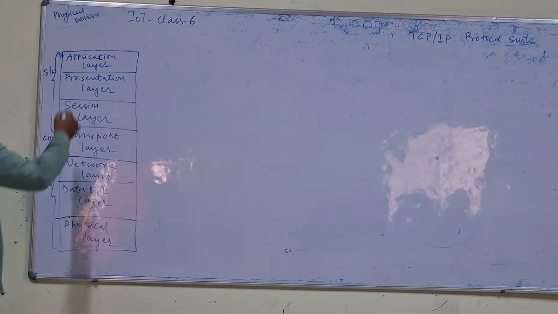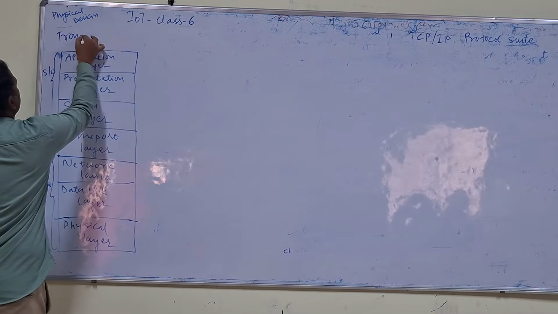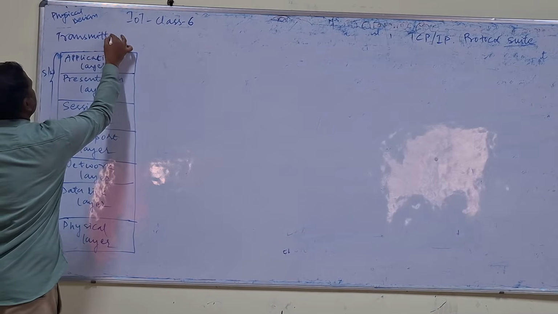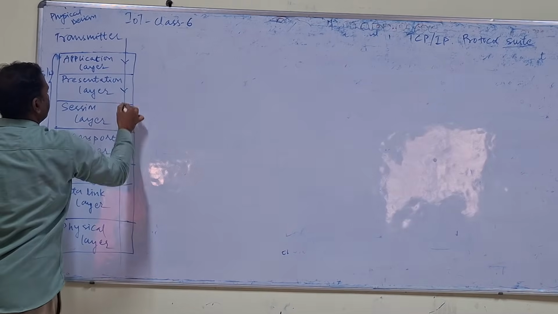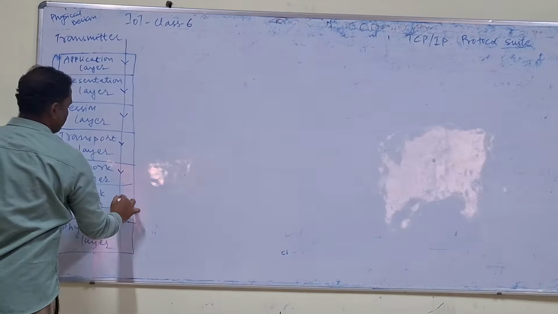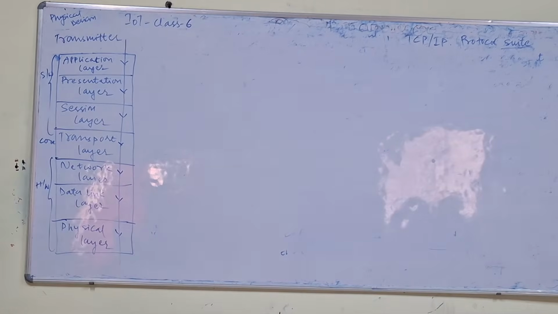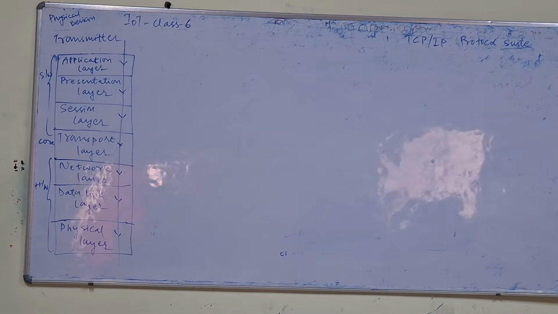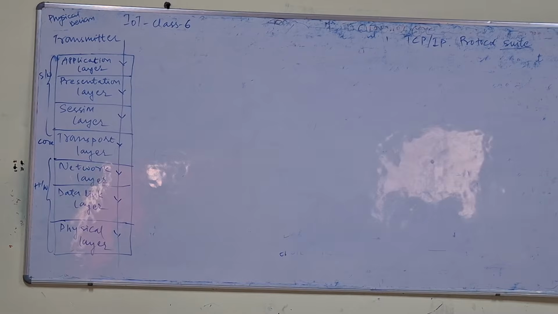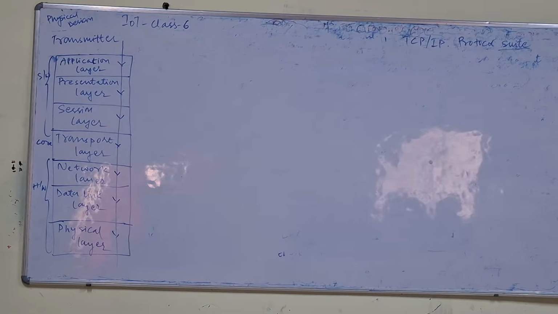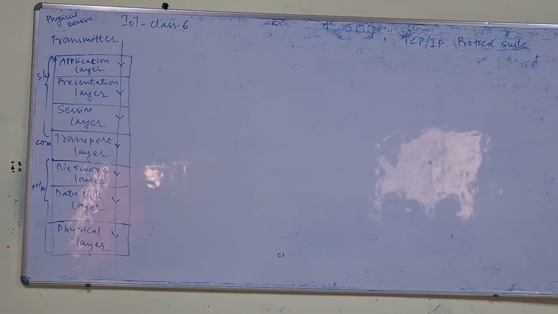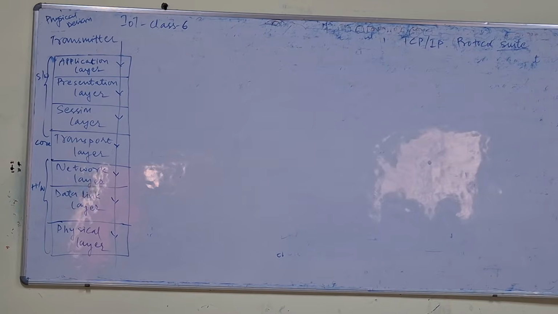When it is the transmitter, the data flows like this. Something is added to our message. What modifications do we make?